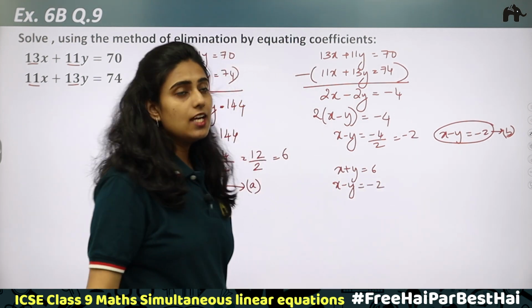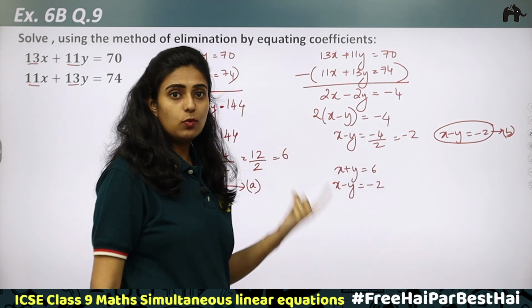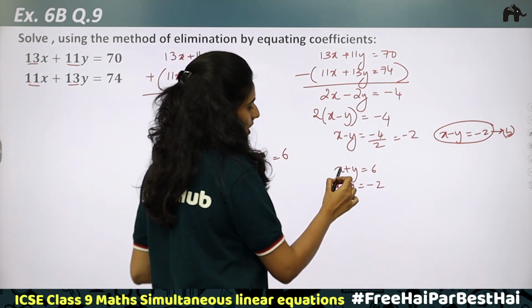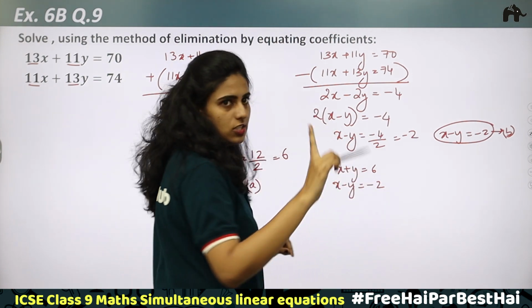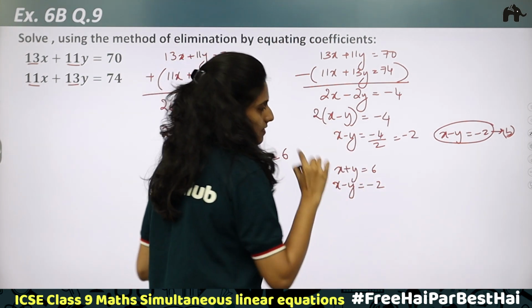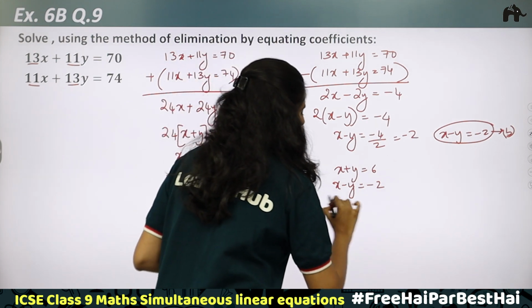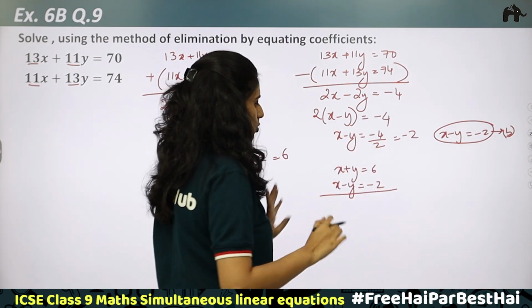Now we can find the value of x and y by equating the coefficient. So here you can see x, x, the coefficient is 1, y, y, coefficient is 1. Here positive and negative sign, opposite sign. So on adding the first and second equation, what do we get?